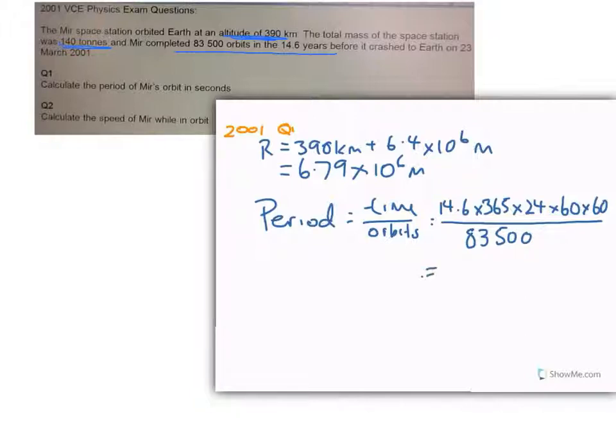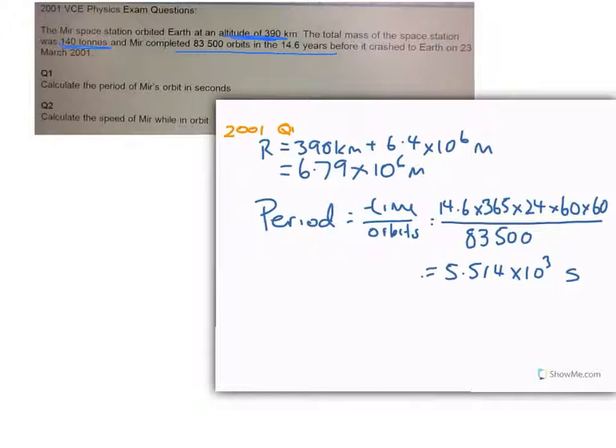If you plug that into your calculator, you should get an answer of 5.514 by 10 to the 3 seconds, which can be rounded off to 5.5 by 10 to the 3 seconds. So that's how you do the first one.